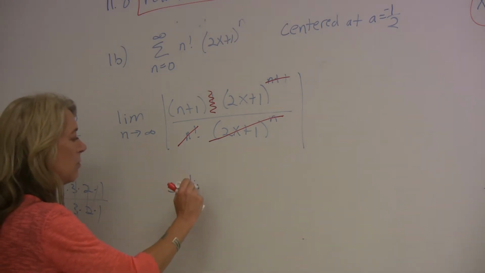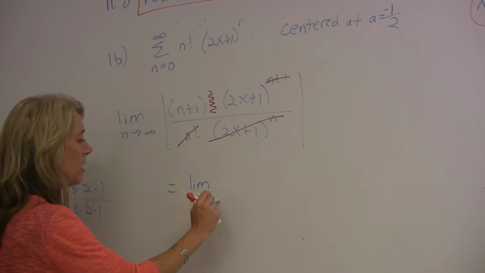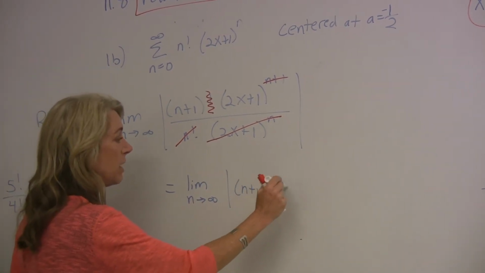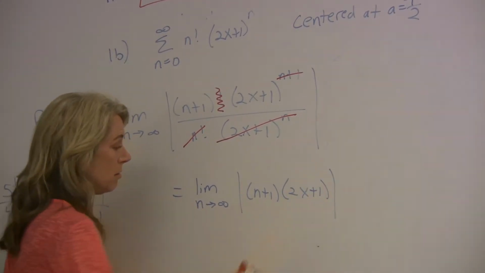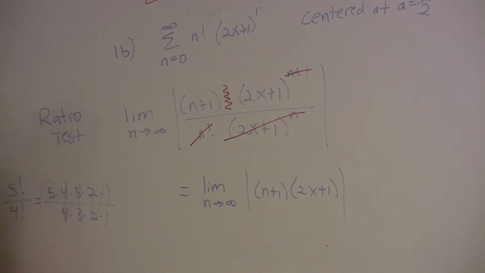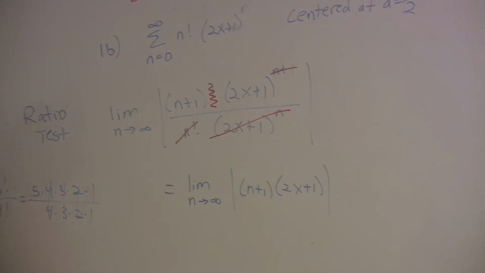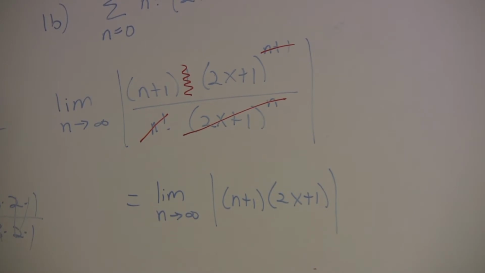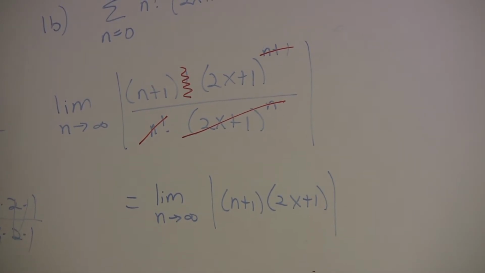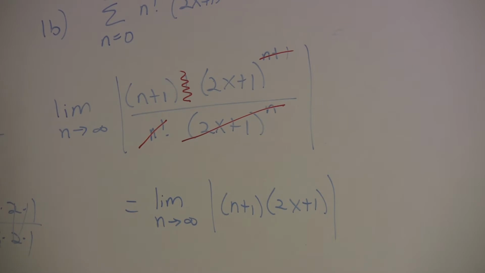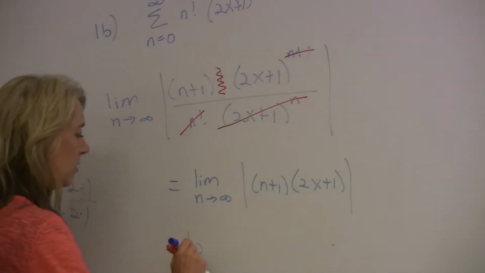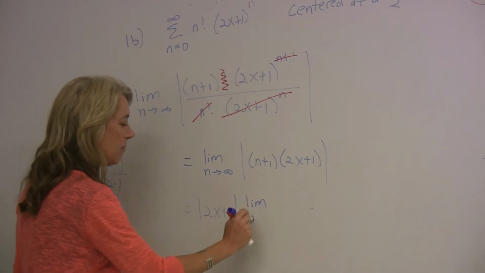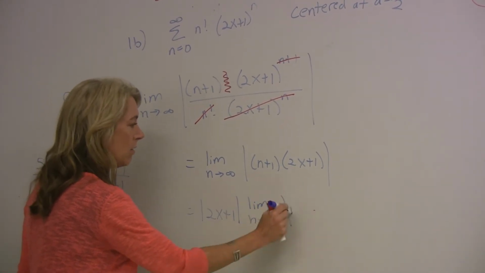So this becomes the limit as n goes to infinity of (n plus 1) times (2x plus 1). Again, we want to factor out the parts that aren't affected by n. So I'm going to factor out the 2x plus 1. And then I'll have the limit of this part.